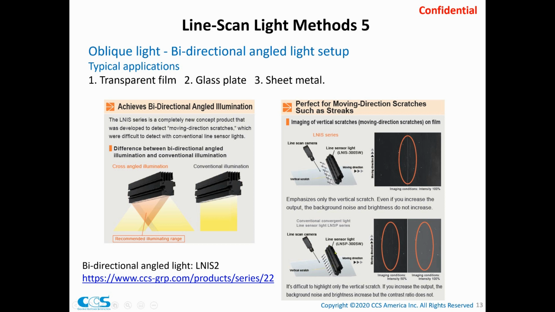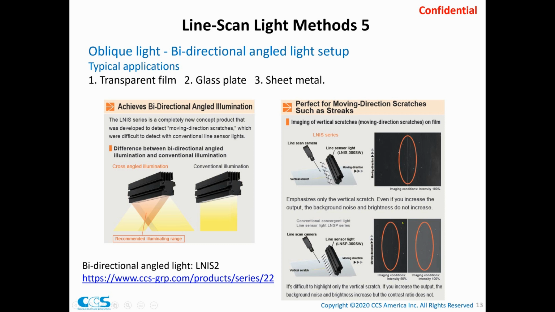The light coming out from the standard flow line scan light will be straight, which means it will be parallel to the scratches. So it won't reflect on the scratch surface, and it will not be highlighted under the camera. If we look at the image, the moving direction is from bottom to top. There are supposed to be some scratches here, but they have completely disappeared because the light and the scratch are in the same direction.